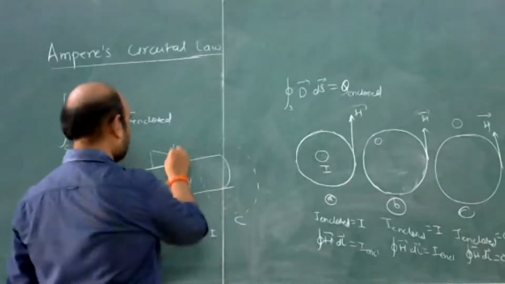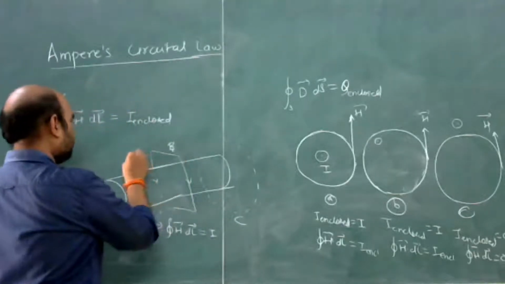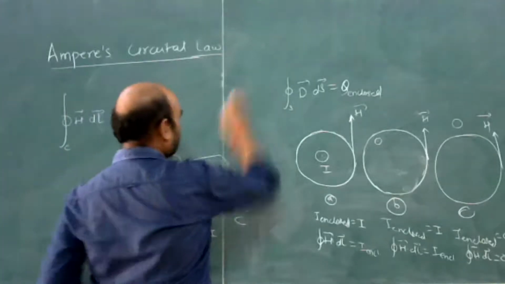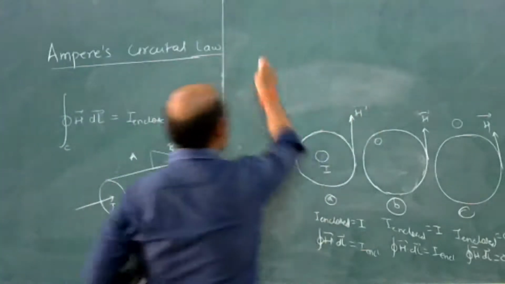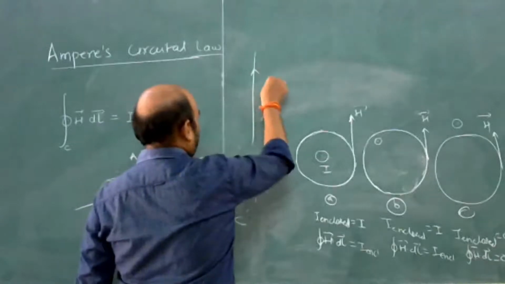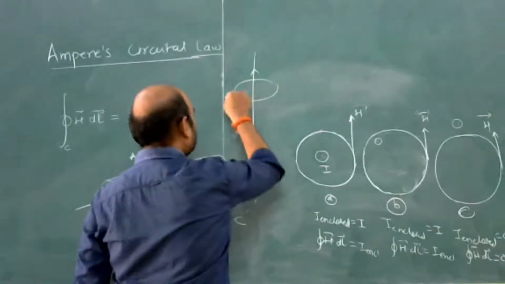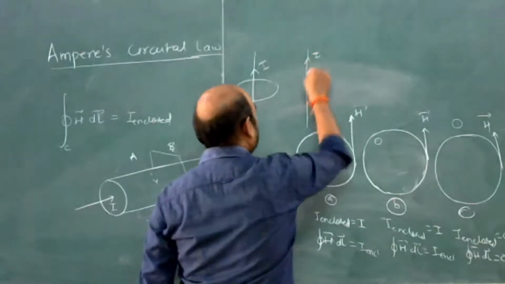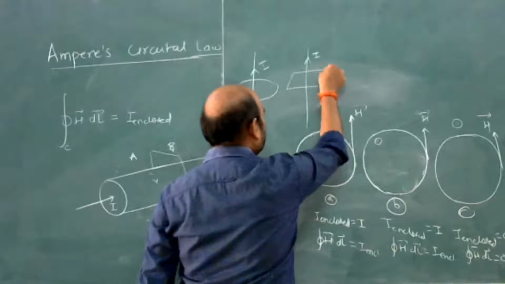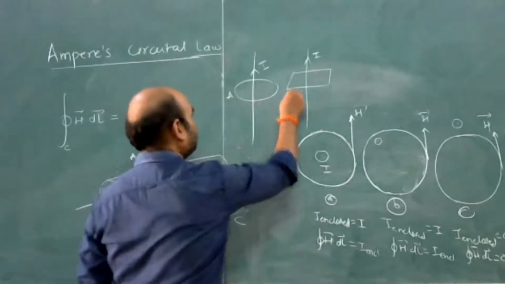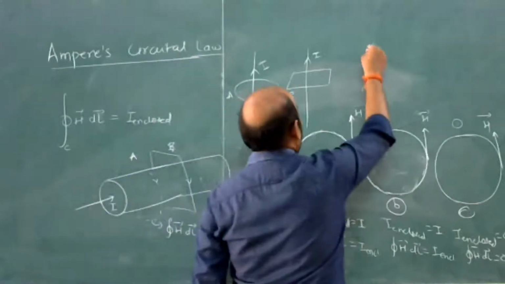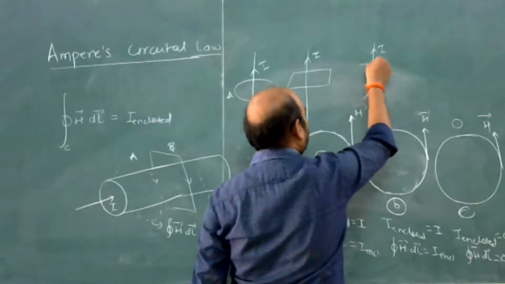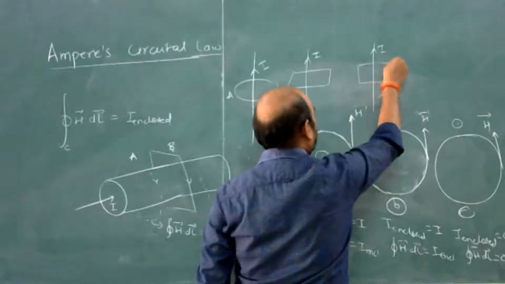This is A, this is B, and this is C. This is the conductor, current I is flowing, and in C the loop is passing through this conductor like this.